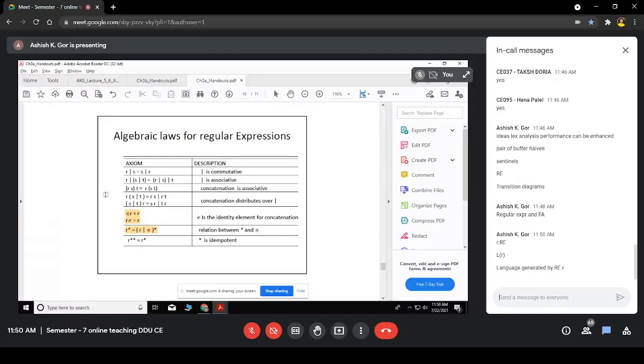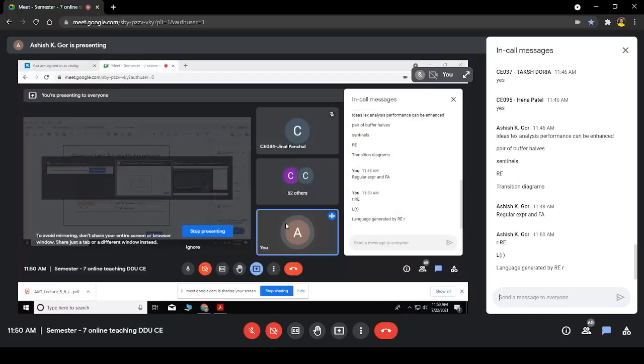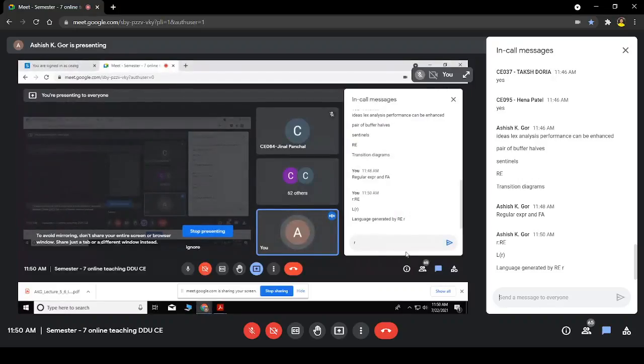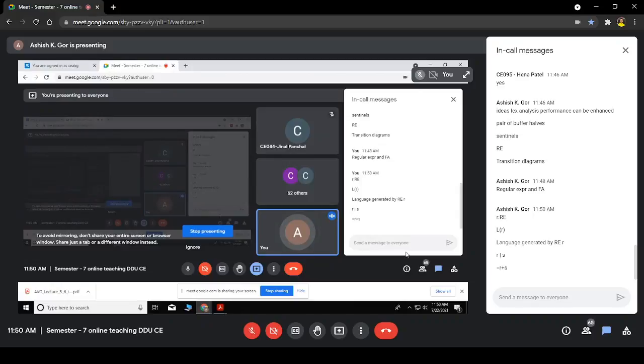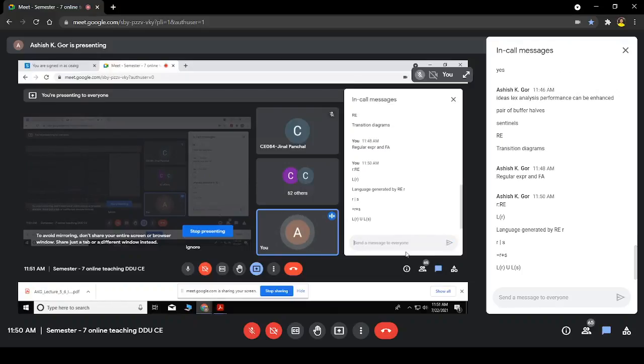One more thing: whenever I write R pipe S, what does that mean? R is one regular expression and S is another regular expression. So R pipe S is the same as R plus S, or in terms of language, the language represented by R union the language represented by S. Am I saying correct or not?